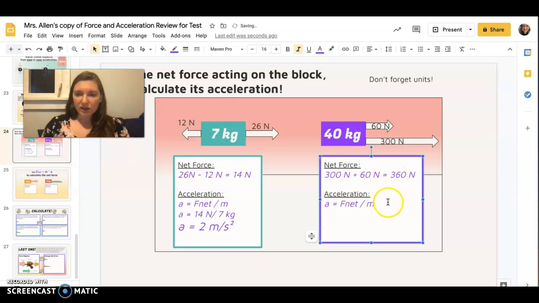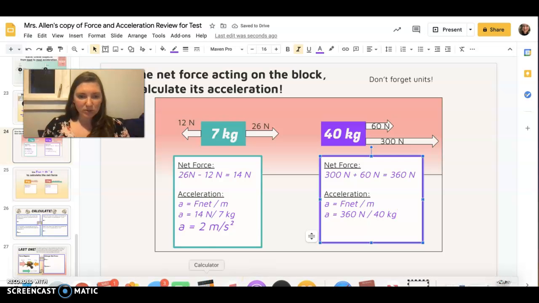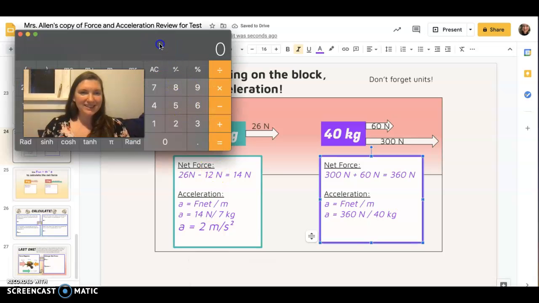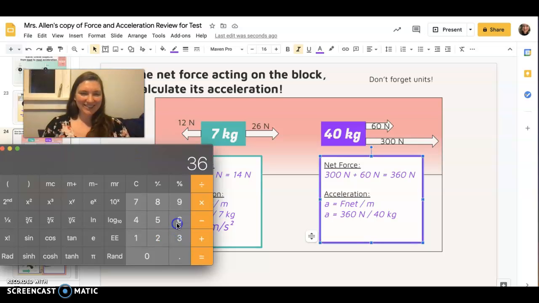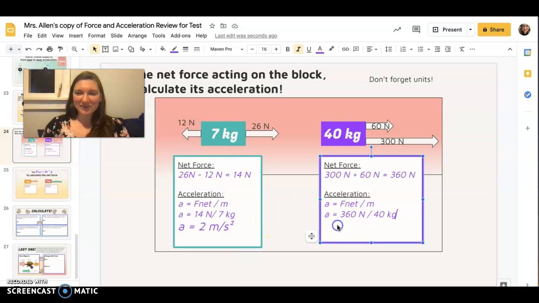So my F net is 360 newtons and my mass is 40 kilograms. I should be able to do that in my head. I can feel that it's going to be easy when I think about it. 360 divided by 40, 9. There you go, I knew it. So this is 9 meters per second squared.